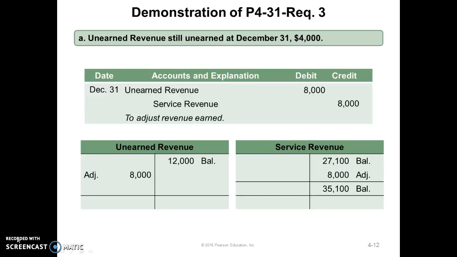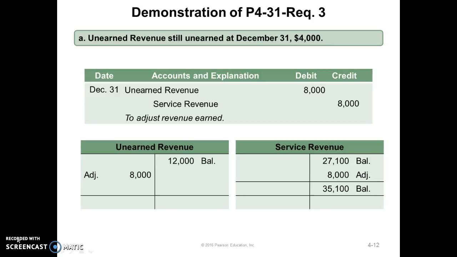So, adjustment one: unearned revenue still unearned at December 31st, $4,000. We know the unearned balance at the beginning was $12,000. How do you get to $4,000? You have to debit for $8,000, so $12,000 minus $8,000 gives you the $4,000 of unearned revenue.